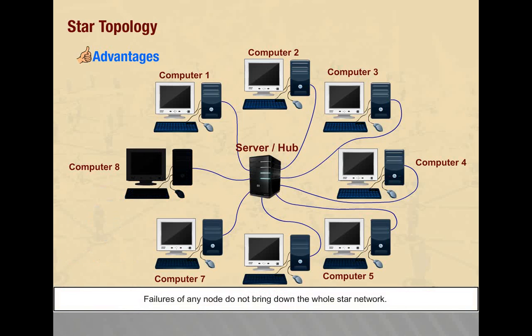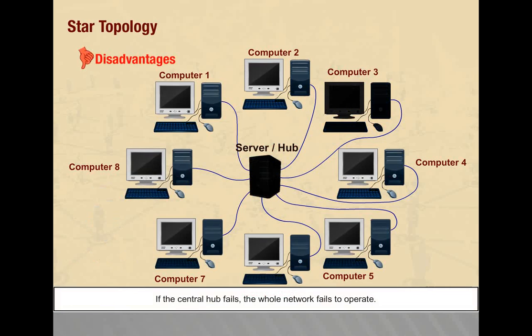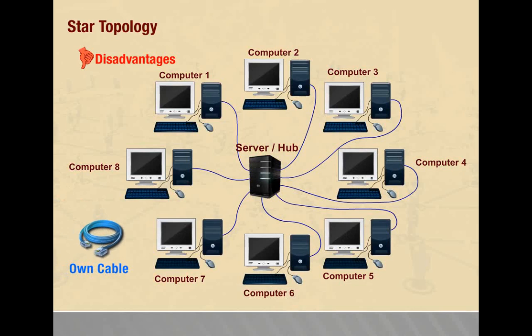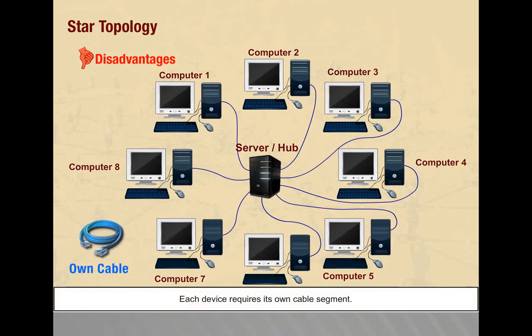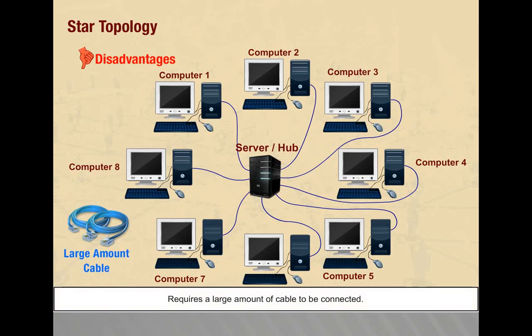Failure of any node does not bring down the whole star network. Disadvantages: if the central hub fails, the whole network fails to operate. Each device requires its own cable segment. Requires a large amount of cable to be connected.